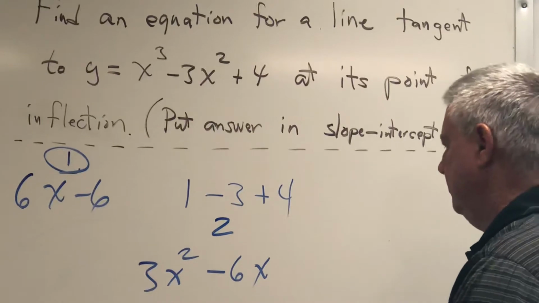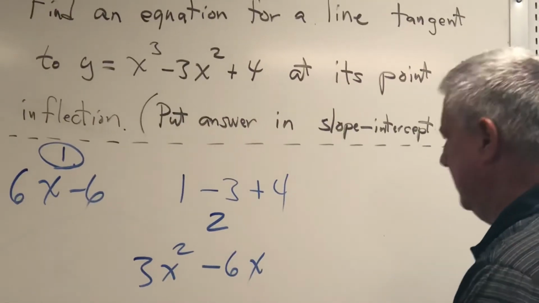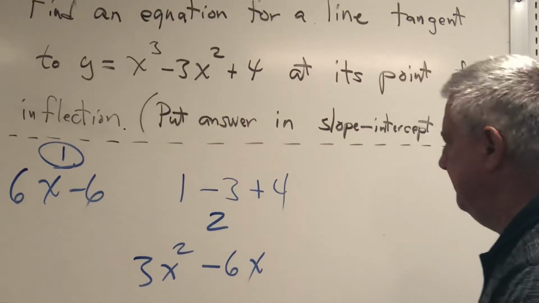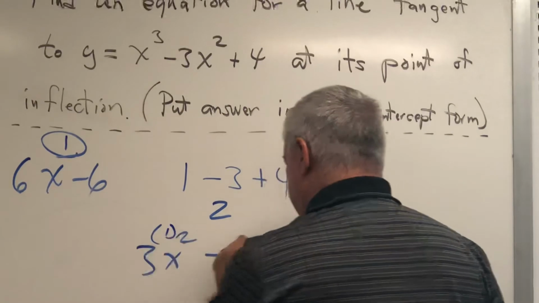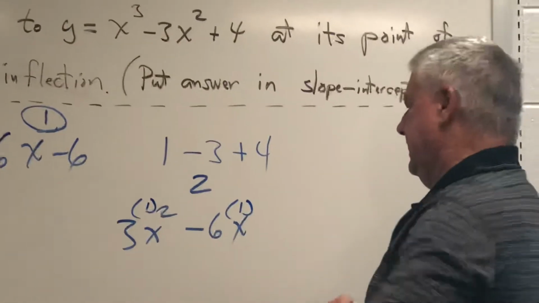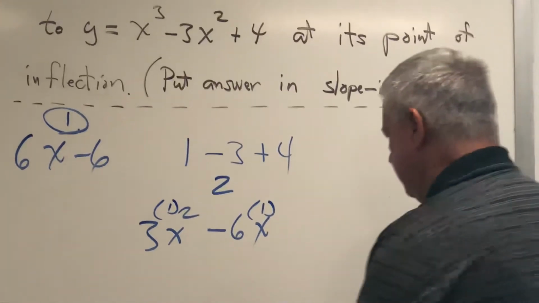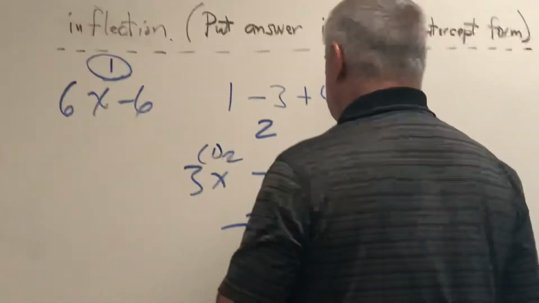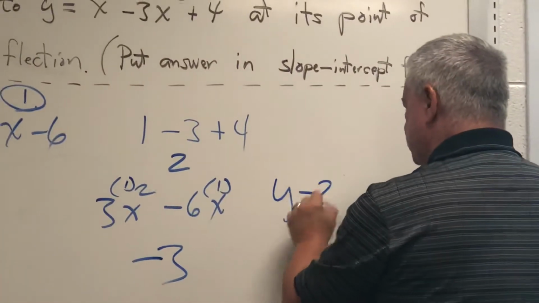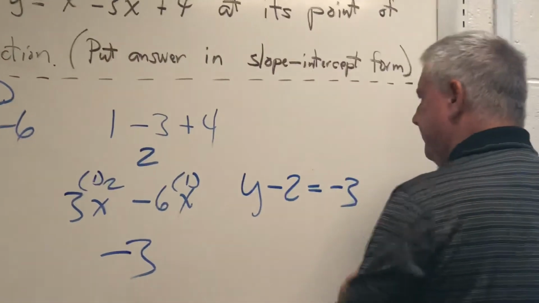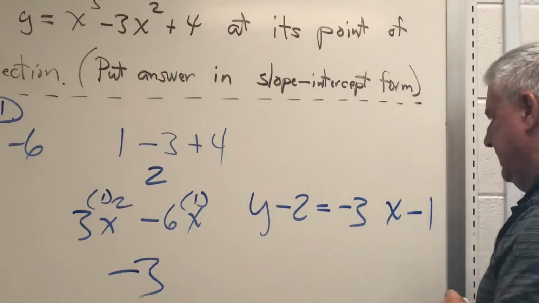Now I've got to find the slope. So let's see, put 1 in place of x here. So put 1 where the x is. And I get 3 minus 6 is negative 3. So the equation would be y minus 1 is equal to negative 3 times x minus 1.